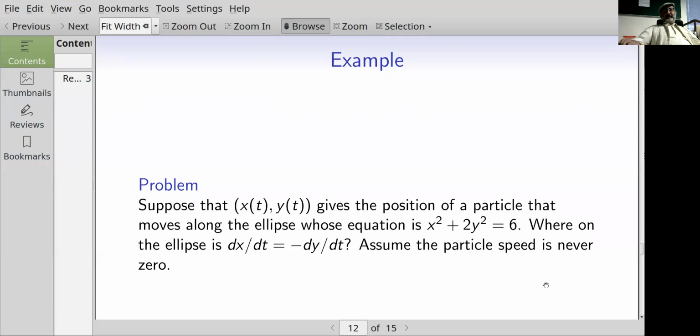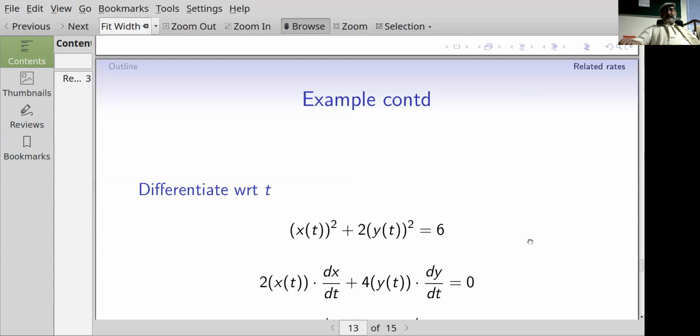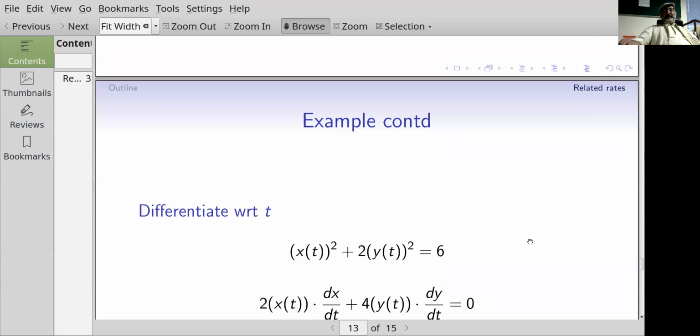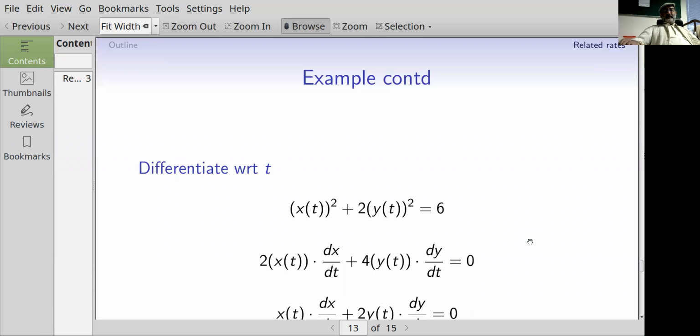Okay, so differentiate the expression x squared plus 2y squared is equal to 6. Remember that x is a function of t and y is a function of t. So if you differentiate with respect to t on both sides, x is squared and x is a function of t.